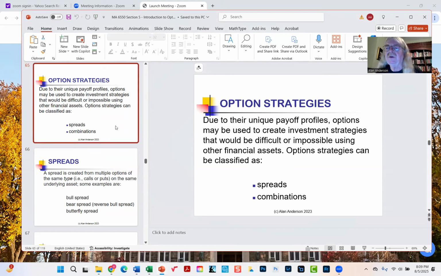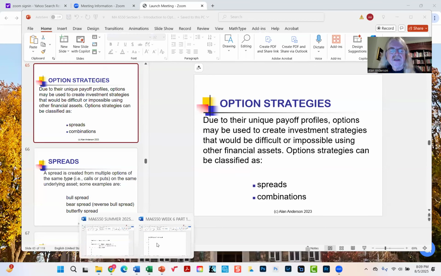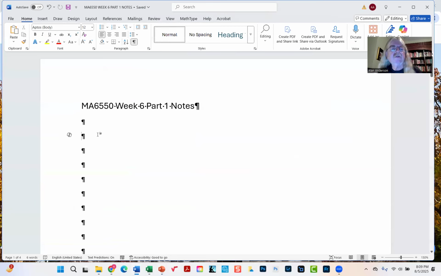Basically, we're going to consider two basic types of strategies: spreads and combinations. The way this works is that spreads are set up by combining either two or more calls or two or more puts. It's not going to be both. That's the key to the whole thing. Either you have two or more calls, and it could be any number, but two is often the number you'll see in one of these positions.